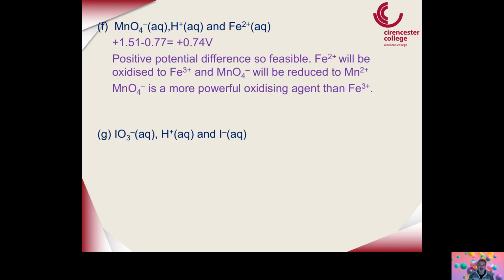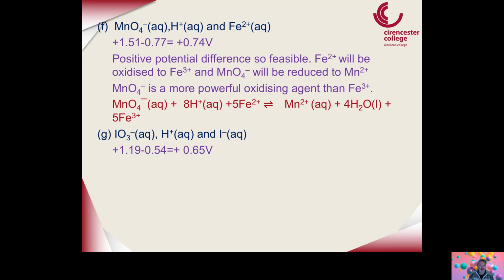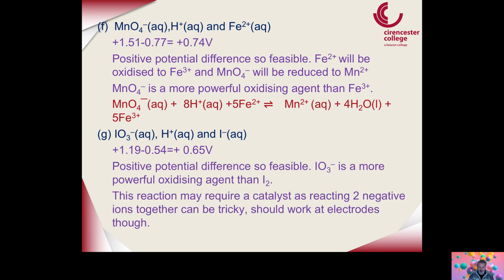Iron 2+ will be oxidized to iron 3+, and manganate 7 will be reduced to Mn2+. Obviously we've seen that equation before. And iodate, we've got +0.65, that works. It may require a catalyst as you've got two negative ions being reacted together, but it should work out on the electrodes.